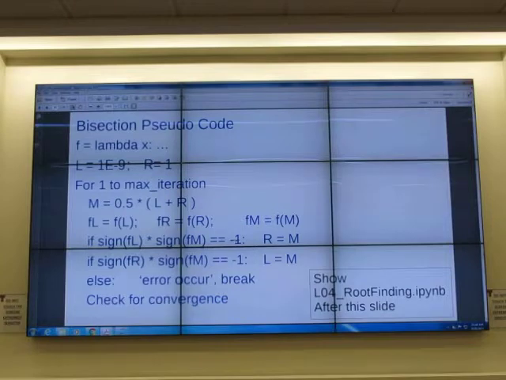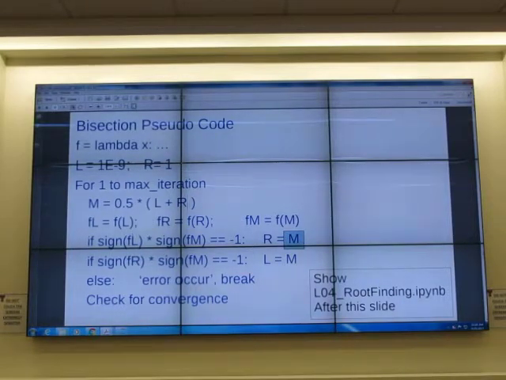So first I multiply the signs of FL and FM. If it is equal to minus 1, this means we update the domain by moving point R to point M, because the answer is between L and M.